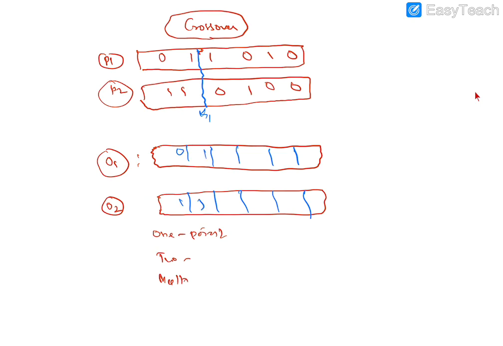And the points on the right side, you have to interchange, that is 0, 1 and 1, 0, 0, 1, 0, 0. So this is a new offspring which we have generated with the help of O1 and O2 from P1 and P2.